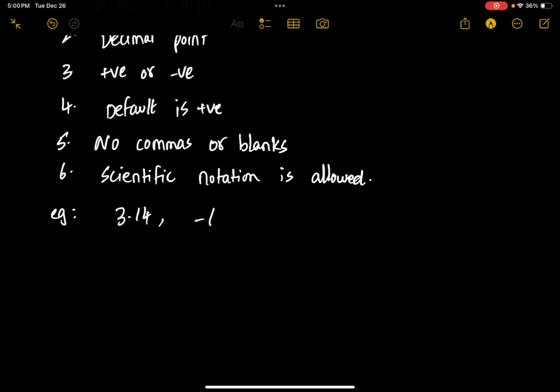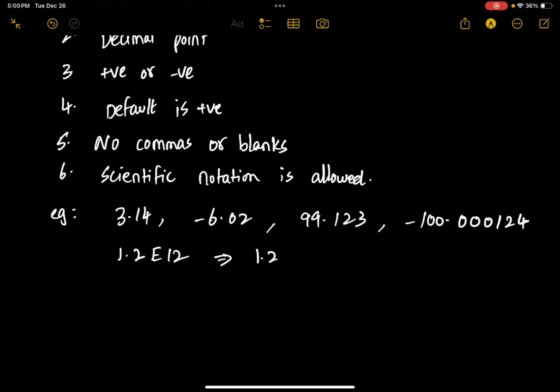You can have negative 6.02, 99.123, negative 100.000124, or something like that. And you can also use scientific notation. For example, 1.2 E12. This is equivalent to 1.2 times 10 raised to 12.